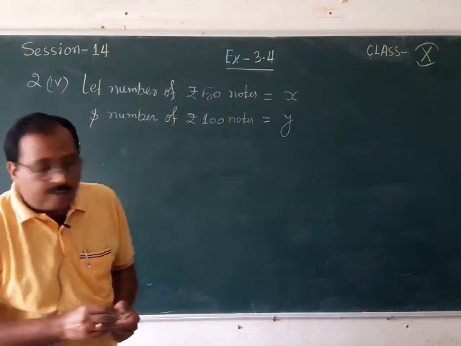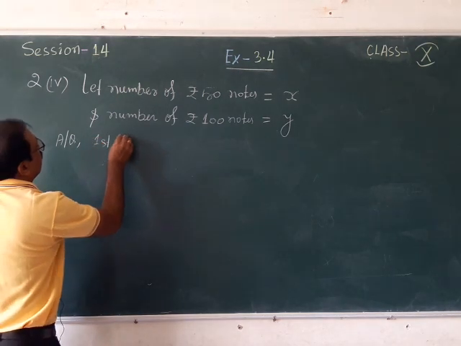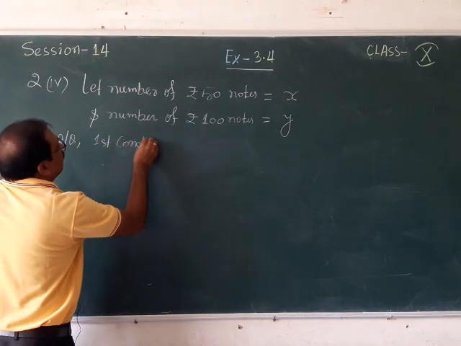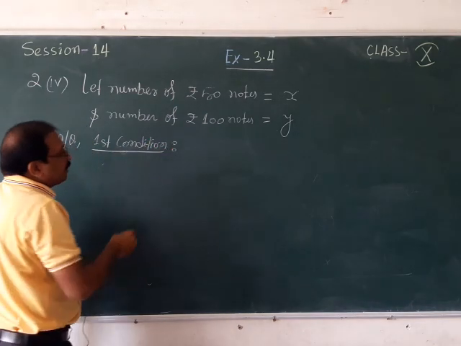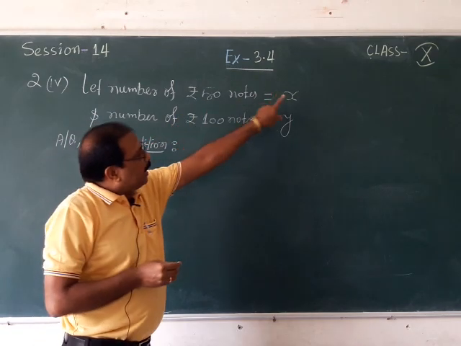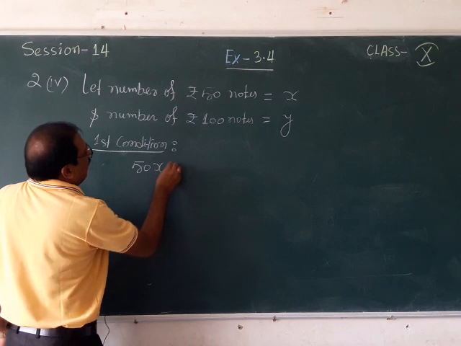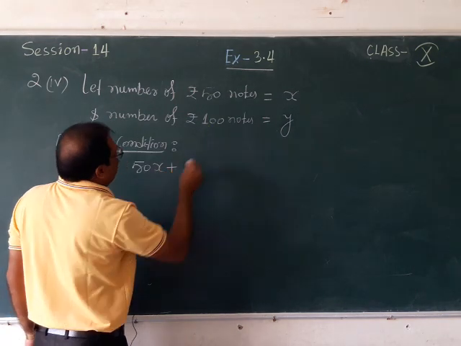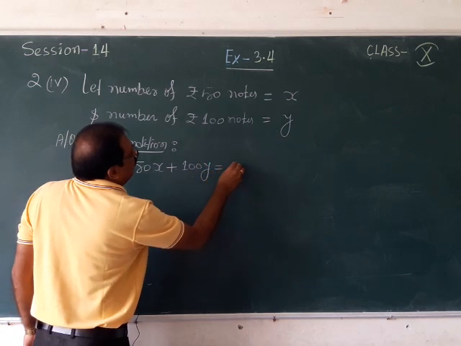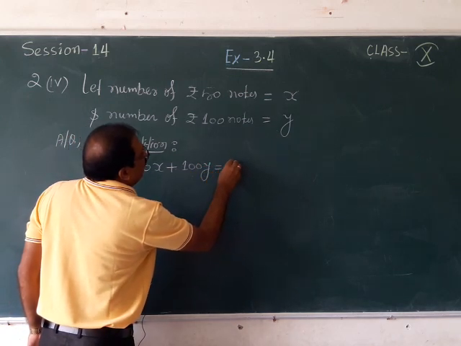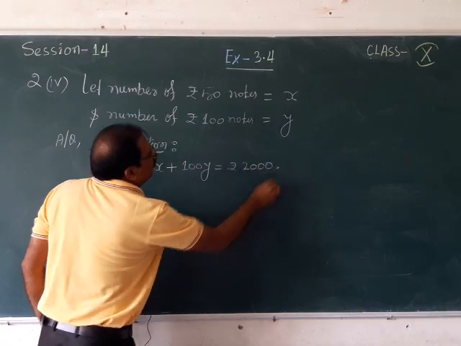So what is the first condition? In this statement, if you have x notes of rupees 50, the total amount is 50x, and if you have y notes of rupees 100, the total amount becomes 100 into y, and the total amount becomes rupees 2000.